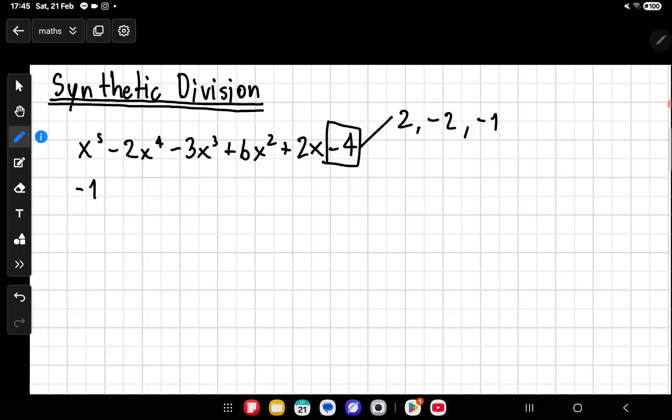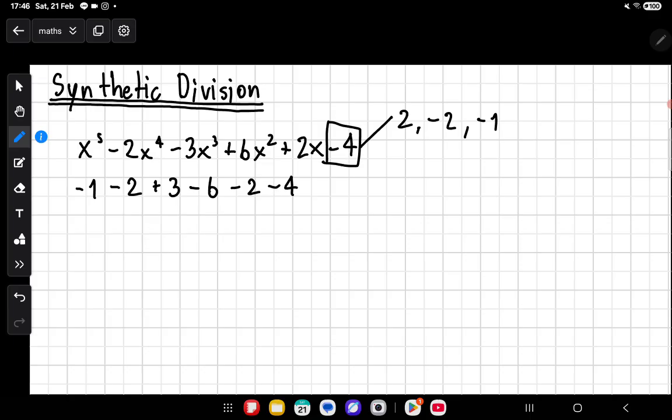So negative 1, right? And minus 2 plus 3 minus 6. And what's this? This is minus 2 and minus 4.